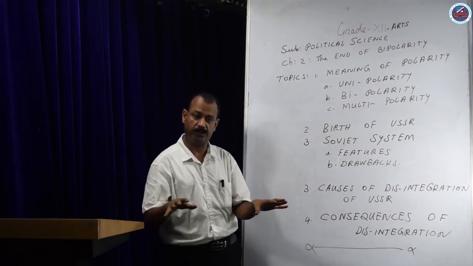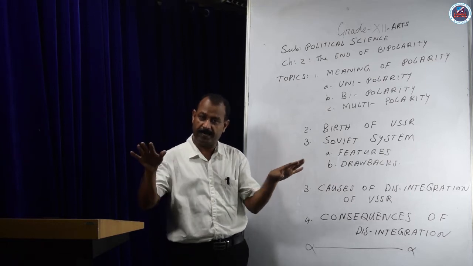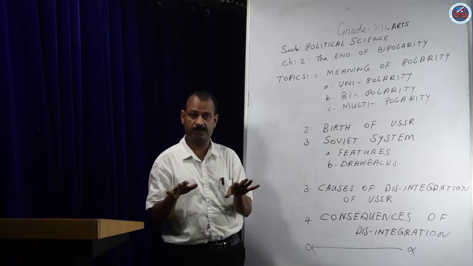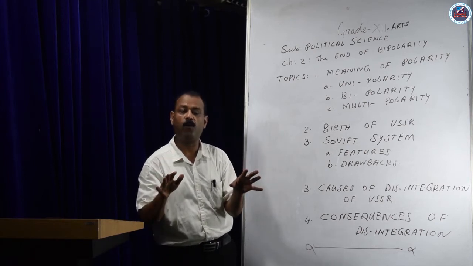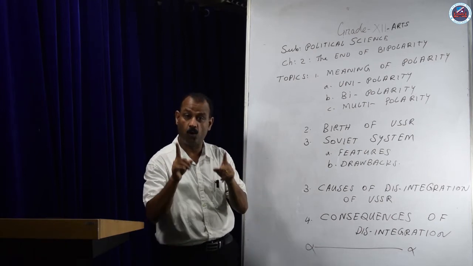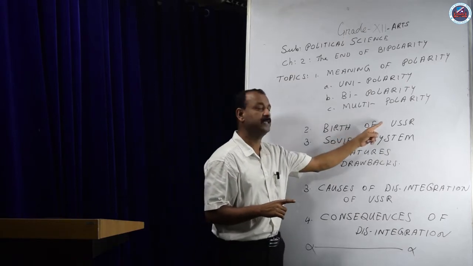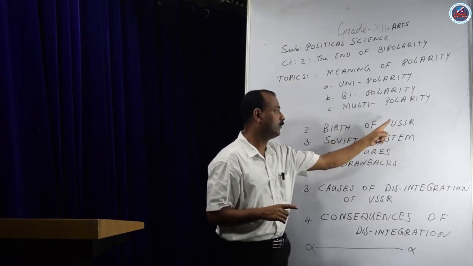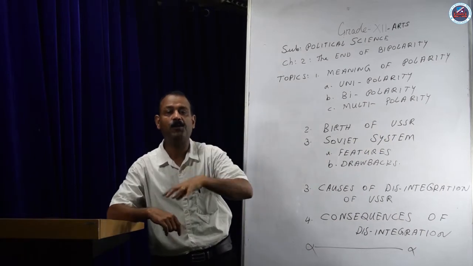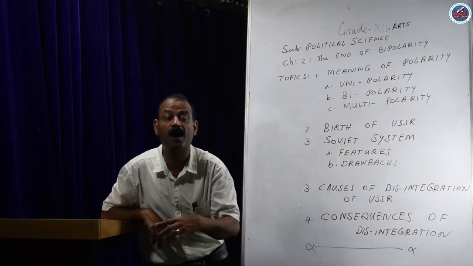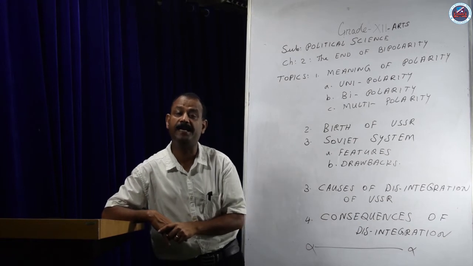After the Russian Revolution, all these 15 states, all the 15 Soviets, decided to form a union known as USSR, the Union of Soviet Socialist Republics. That's how the USSR was born, after the Russian Revolution in 1917.